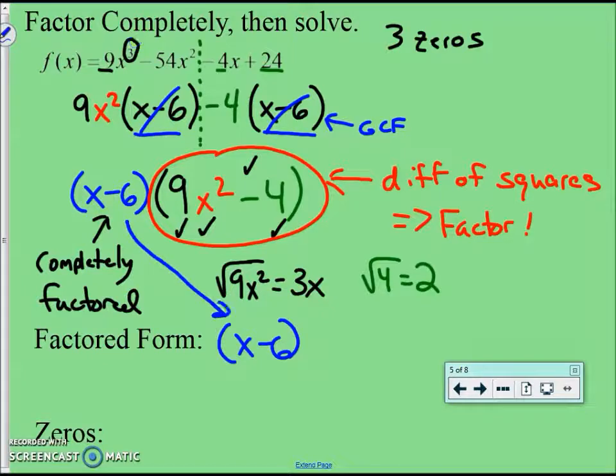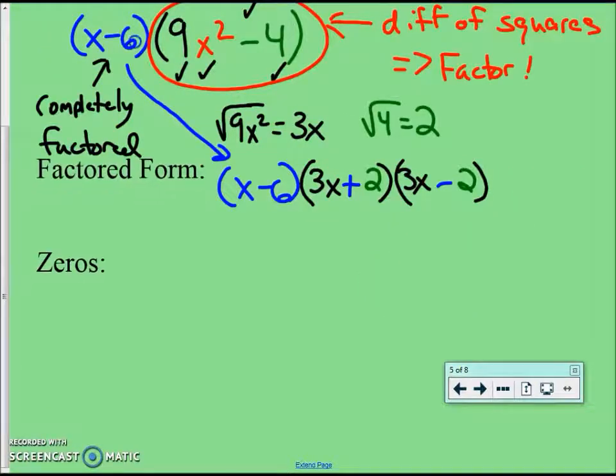We'll just bring it down here. 9x squared minus 4 is going to be broken into 2 factors. 3x is going to be the first term in both of them. 2 is going to be the last term in both of them. And then we're going to go plus, minus. And those are our factored form. We notice we have 3 factors now. We're looking for 3 zeros. That should work out pretty well for us.